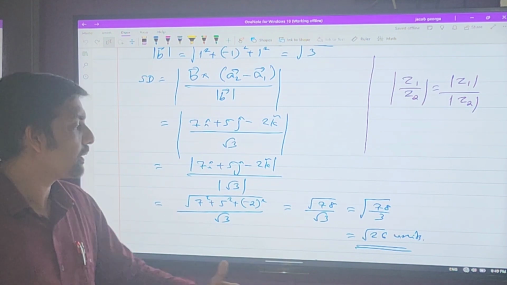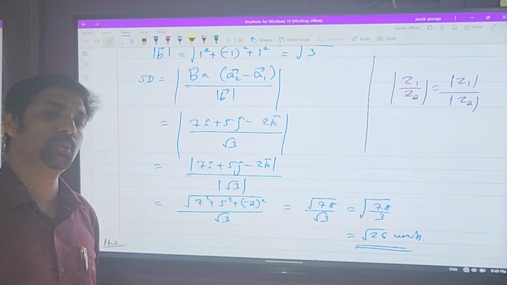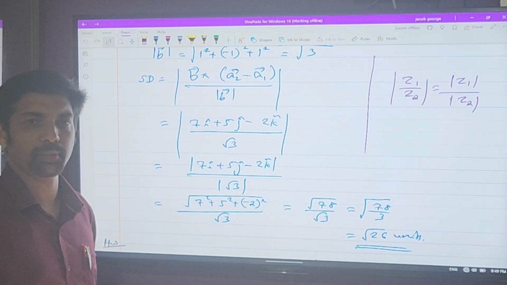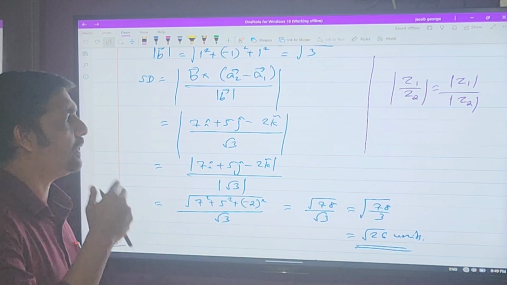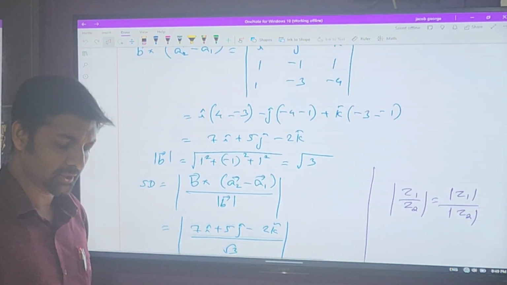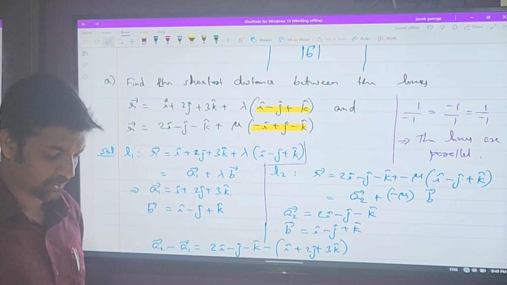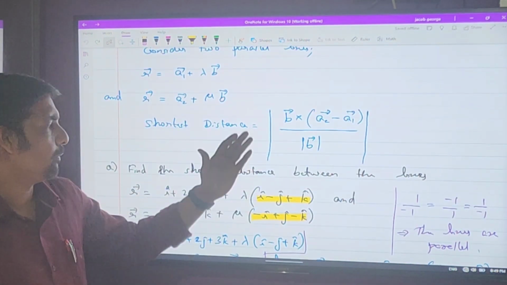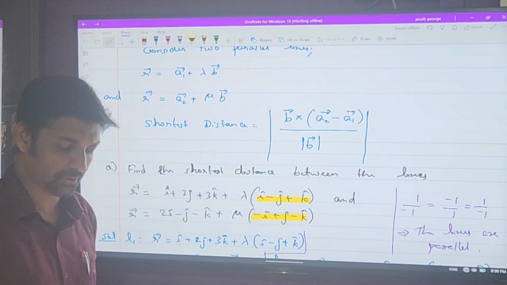So we have studied in this session how to find the shortest distance between skew lines and parallel lines. For both, it will be given simply as find the shortest distance between the lines. We have to find out by checking the proportionality whether the lines are skew lines or parallel lines. For parallel lines, we will use this formula: vector b cross vector a2 minus a1 by modulus of vector b.